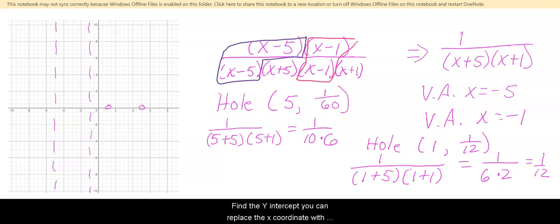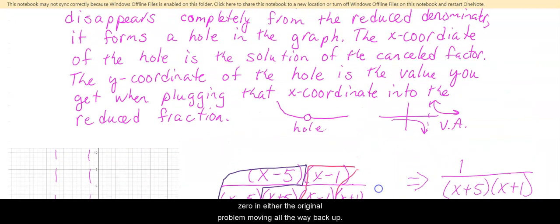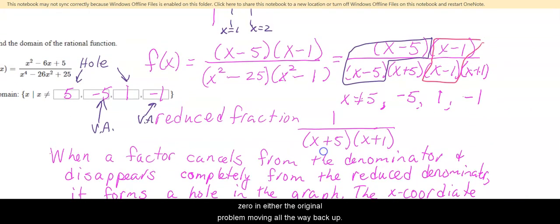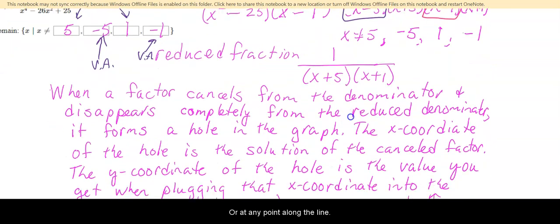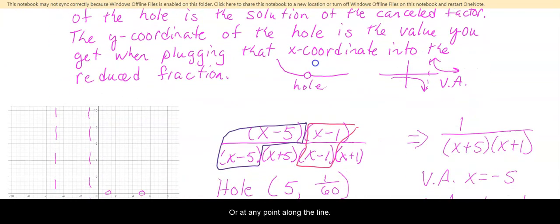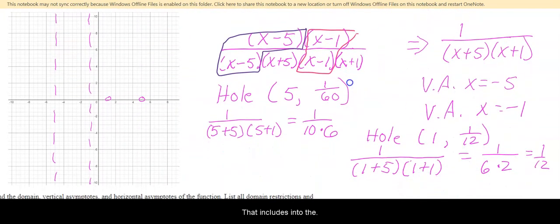To find the y-intercept, you can replace the x-coordinate with 0 in the original problem, moving all the way back up here at the beginning, or at any point along the line. That includes the factored but not reduced fraction, or the fully factored and reduced fraction. I tend to use the fully factored and reduced fraction.